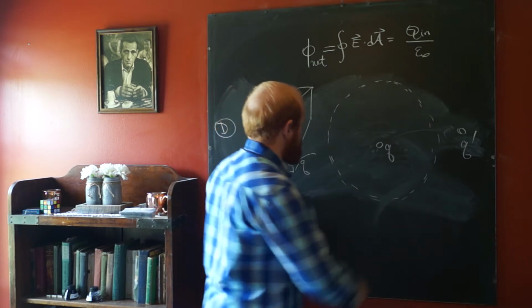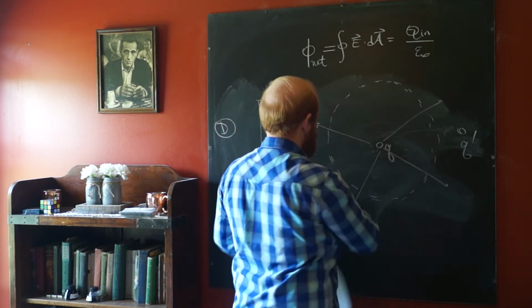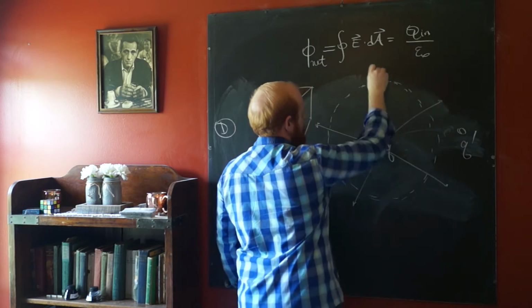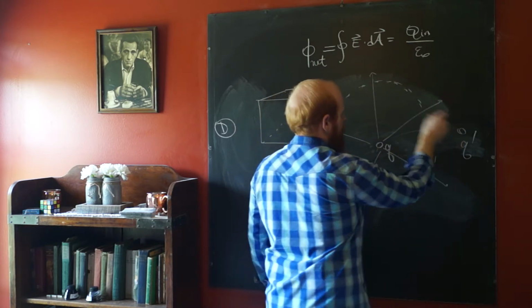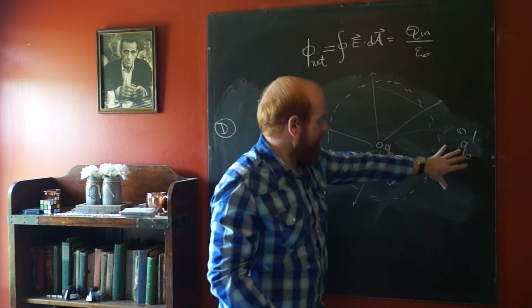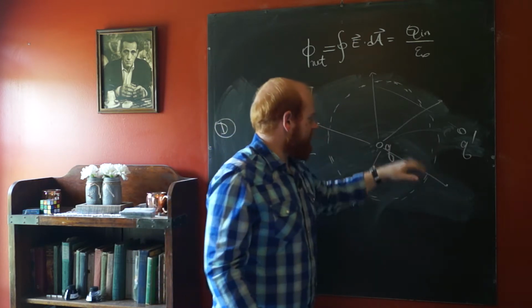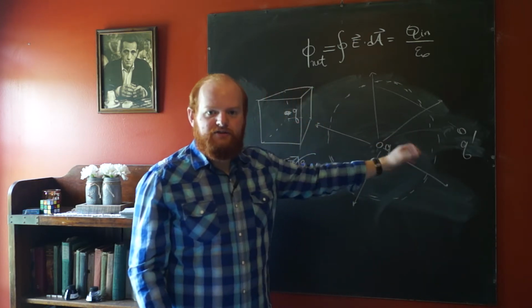If we're thinking about electric flux, we're thinking about all these field lines radiating outward from the sphere, and then there are going to be a bunch cutting through this Gaussian surface from that second charge. But the key thing to remember is that all of the electric field arrows that are entering the Gaussian surface are also exiting.